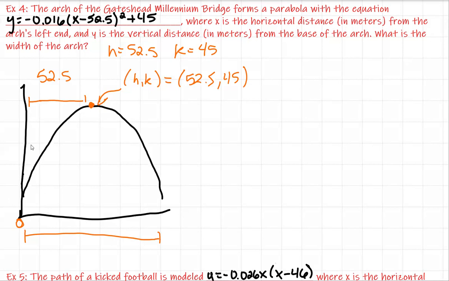So if from here to there is 52.5, can you guess what the distance is from the vertex to the other end? Well, it's symmetric, so it has to be the same distance, 52.5. So 52.5 plus 52.5, or 52.5 times 2, whatever way makes more sense to you. If you calculate that, that is 105.